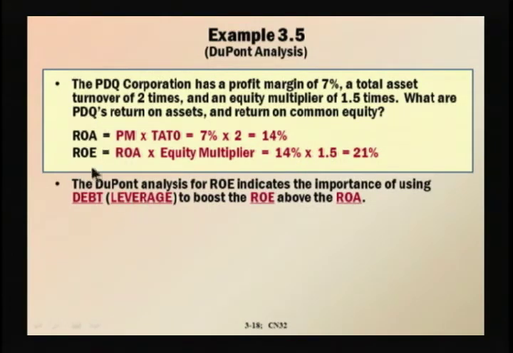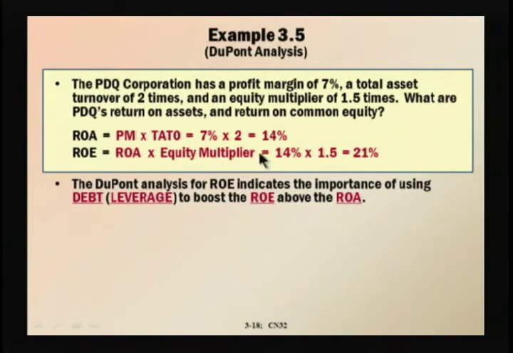Now, in this case, DuPont should be considered a pretty good illustration of what debt does for the firm. The firm's assets were producing a 14% return, but the shareholders did not have to put up the full amount to purchase and put in place the assets that the firm used.